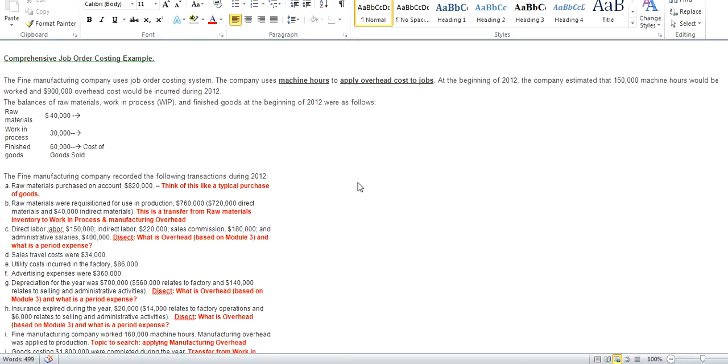We're going to focus on job costing because it can be a little bit trickier, and you probably gathered that when you looked at some of the questions we've asked you to do in the assignment and some of the examples we've pointed you towards.